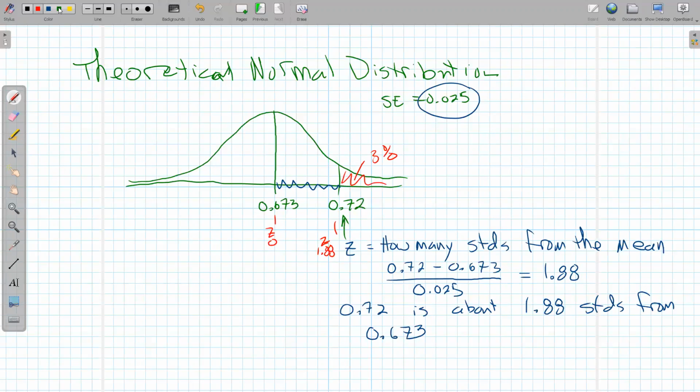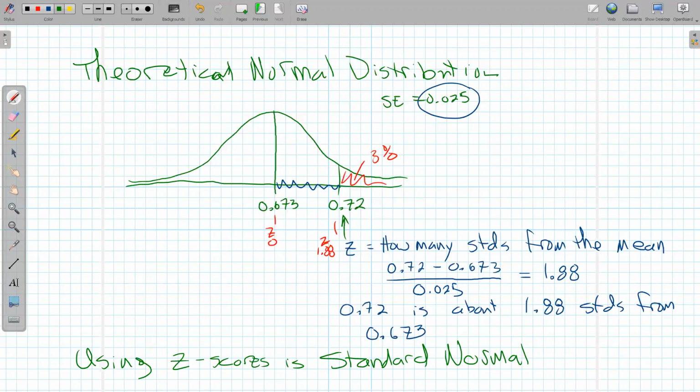When we just work with z-scores, that's called a standard normal distribution. There we go.